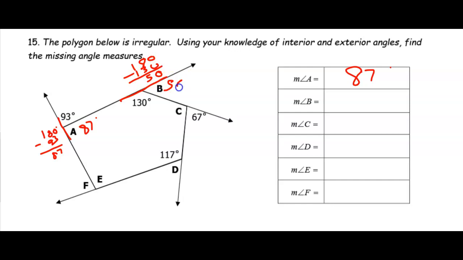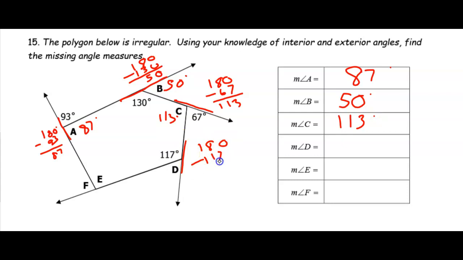So B is 50. Once again, straight line. So 180 minus 67, 113. All right, straight line's 180. 180 minus 117 is 63.